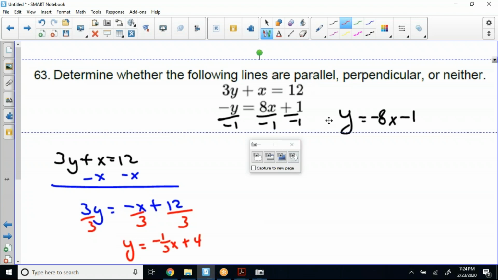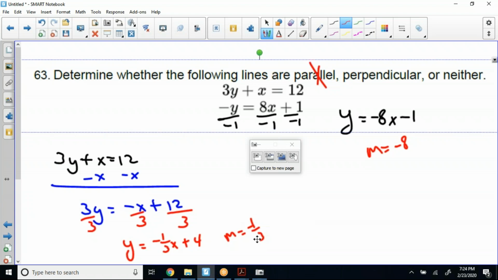For parallel lines, the slope of these two would have to be the same. We know that that is negative 8, and this is negative 1/3. So that can't be true because they're not the same. Perpendicular would mean that one would have to be positive, the other one would have to be negative, but they'd have to be the reciprocals of one another. So this is negative 1/3.